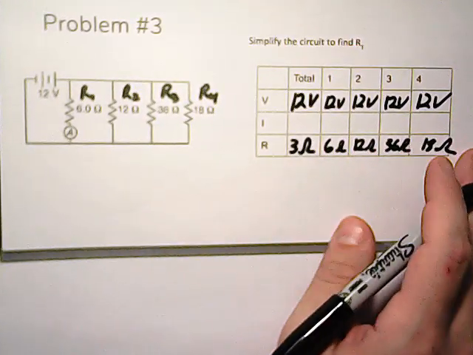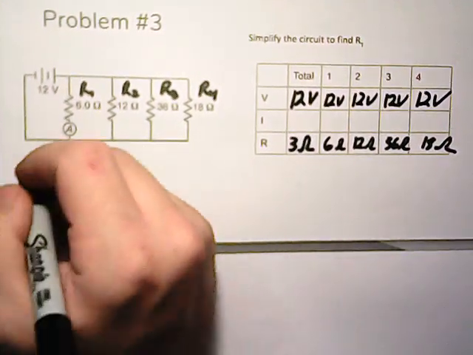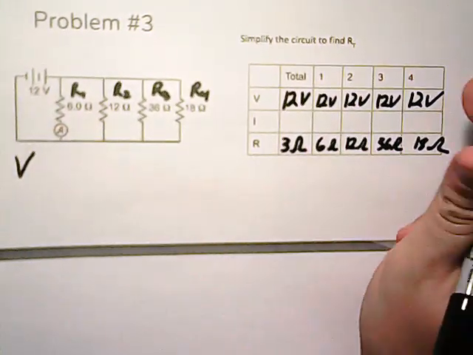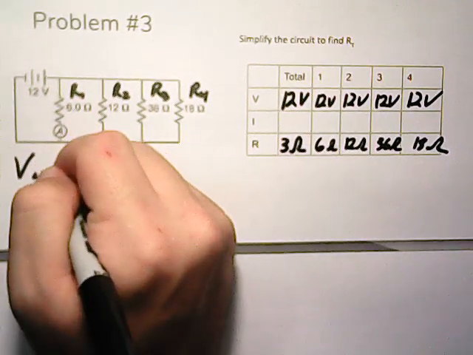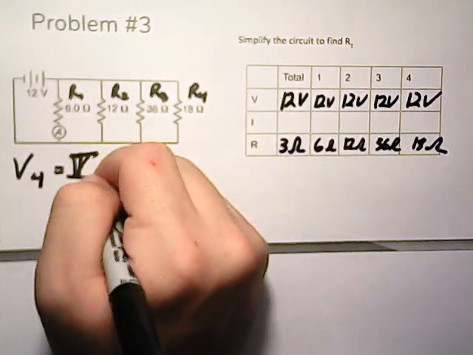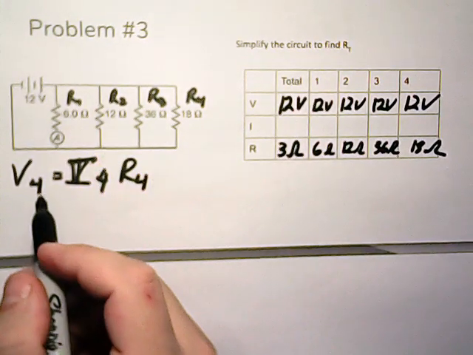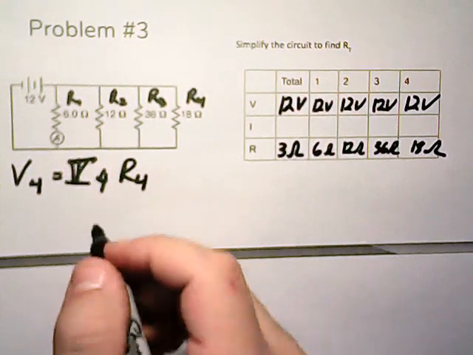Okay, we're going to set this up once because we're solving for I for all of these, so it's the same formula. We know that V, let's just look at 4. V4 is equal to I4 R4. V4 equals I4 times R4.